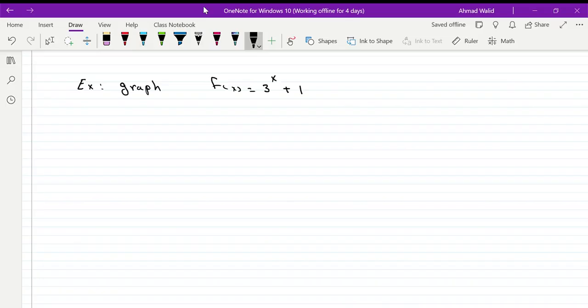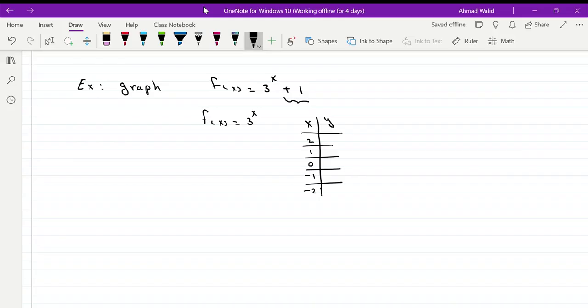If you remember, you first graph f of x equals 3 to the power of x. Then later, you work on your shift. I'll draw a table here, x and y, use 5 points, 1, 2, -1, -2, and I will graph first f of x equals 3 to the power of x.